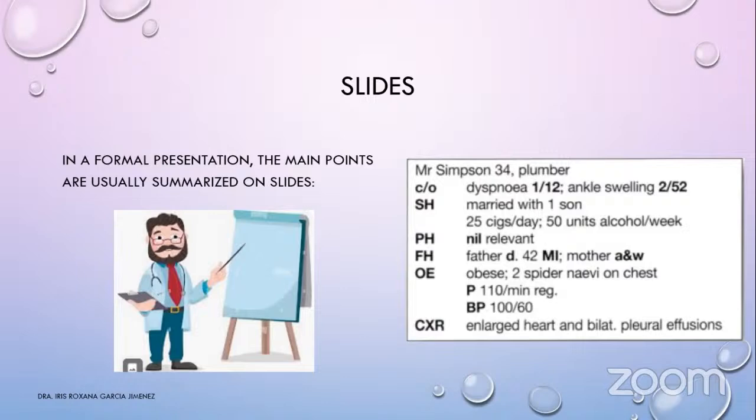About the physical exam, he was obese, 2 spider naevi on chest, pulse 110 per minute, and the BP, the blood pressure, 100/60. Okay. The chest X-ray showed an enlarged heart and bilateral pleural effusions. So that's the way to organize the information into slides.